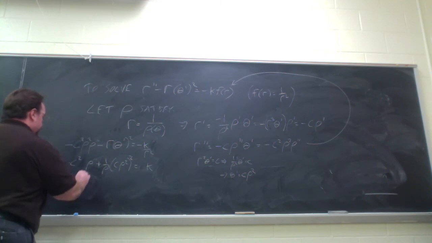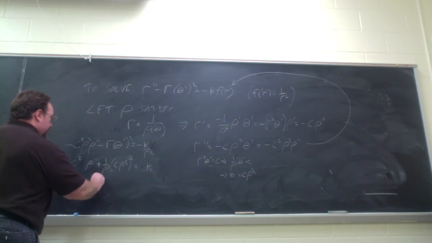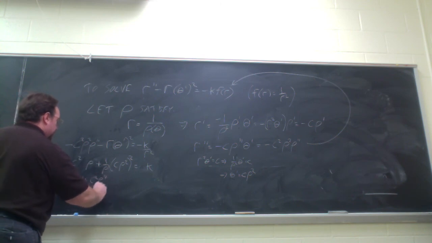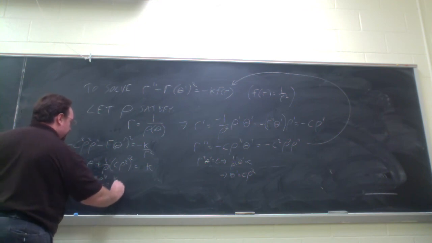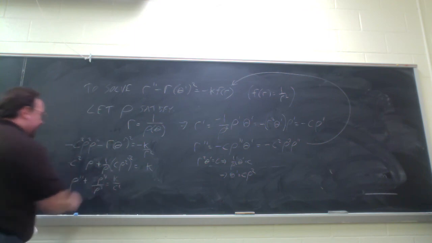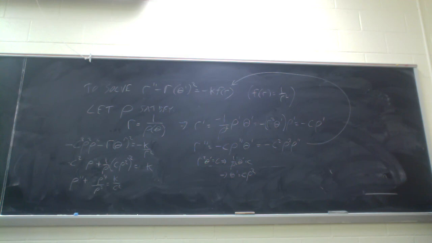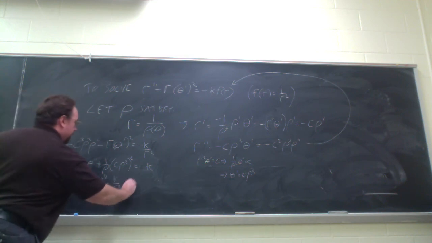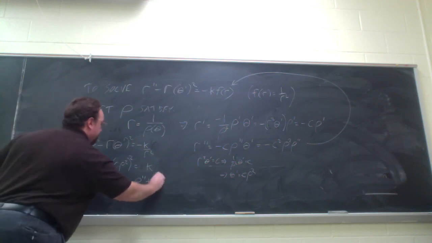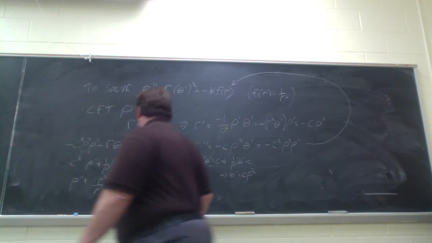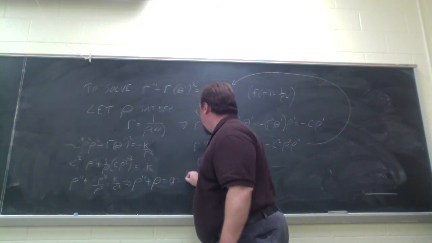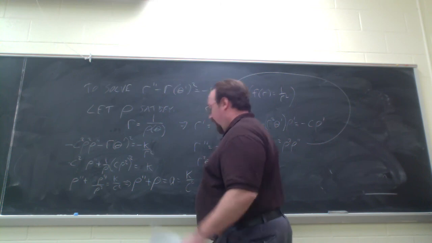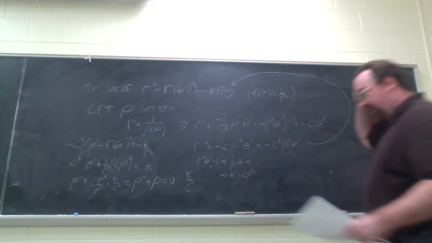So now I have rho double prime plus c squared rho to the 4th over rho cubed equals, okay, so now I have that. So now I have, finally, rho double prime plus rho is equal to a, which is a new constant I've defined to be k over c squared.